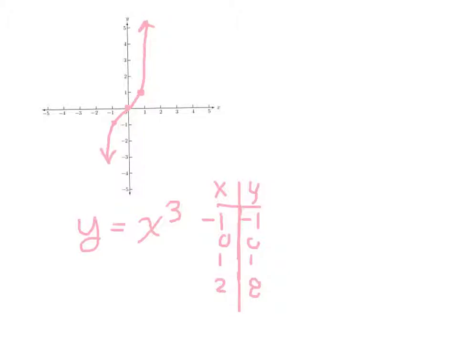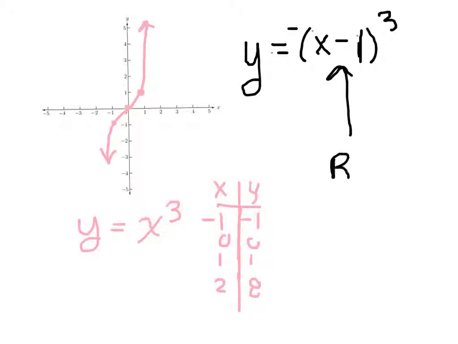Okay, so now let's look at shifting that graph. Let's say I wanted to take y equals negative x minus 1 cubed. So this is going to move the graph to the right. This negative sign right here is going to move it upside down.